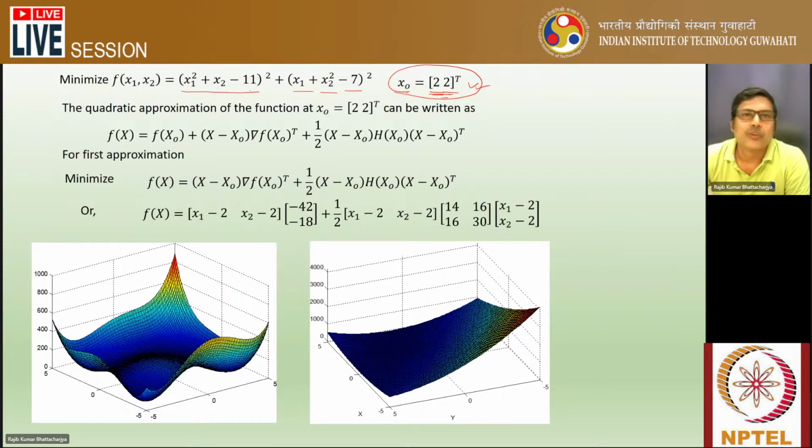Now this function is not a quadratic function. So what I'm doing here is a quadratic approximation using the Taylor series, up to the second derivative. This is the Taylor series expansion: f(x0) plus (x - x0) times del f(x0), plus half (x - x0) transpose times the Hessian matrix times (x - x0). If you put these things together, you get a quadratic function.